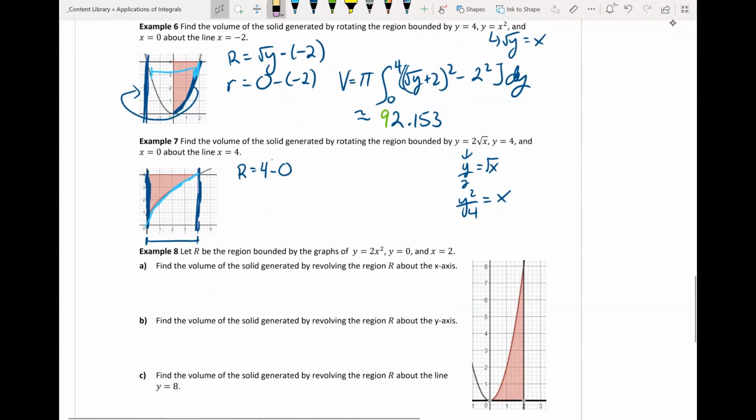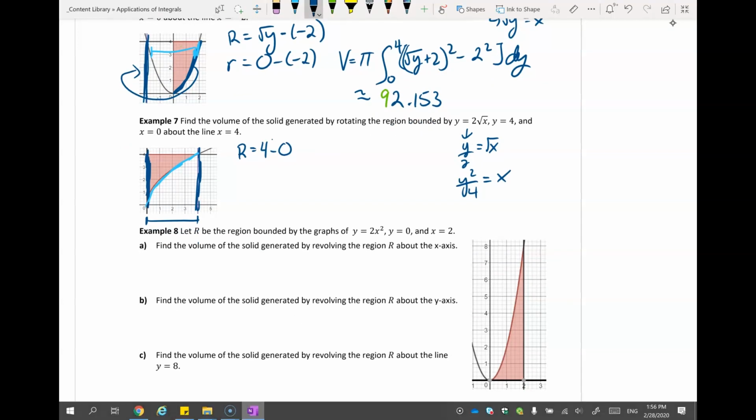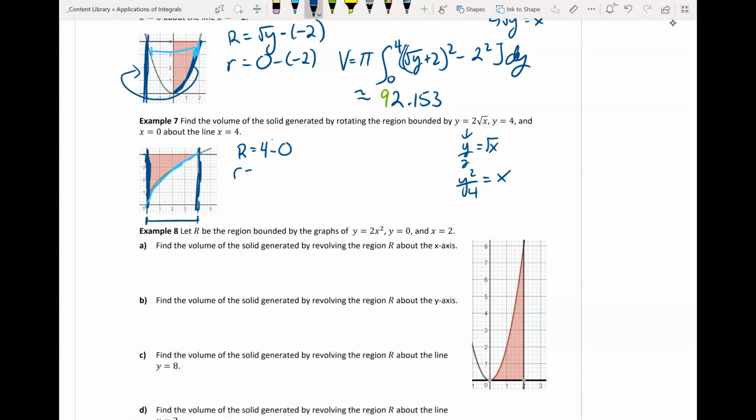For this one, because it's a positive line on the other side of the y-axis, you have to be a bit careful of the order. Same sort of thing: if I want to find the distance between here and here, it's going to be 4 minus the equation of that line, which is y squared over 4.